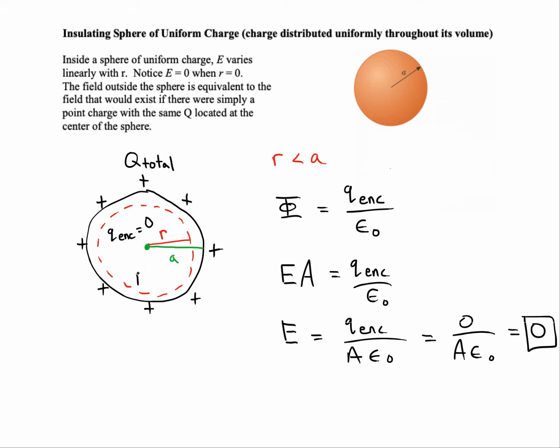So the field inside our object is zero at all points. This would hold true for any Gaussian surface. If the charge enclosed is zero, then the field inside that region must be zero as well.